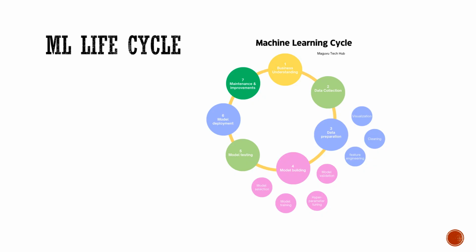And once we have collected the data and we think that the data can provide the solutions required to solve stage number 1, we then move on to stage number 3, which I labeled data preparation.